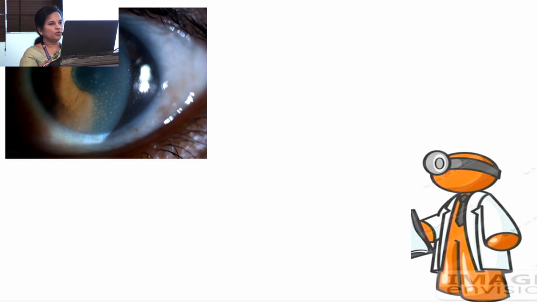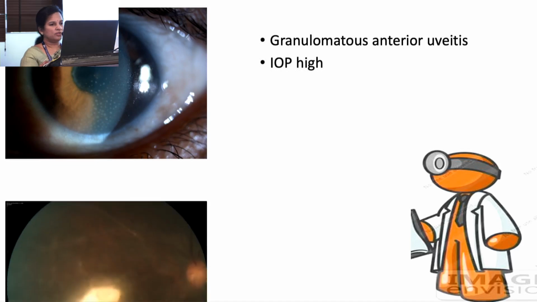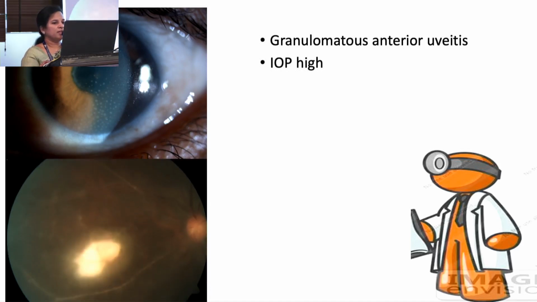Now I'll show you one case of granulomatous anterior uveitis. On examination, IOP was found to be high, so we think about viral etiology. Most likely it will be viral anterior uveitis with high IOP. On seeing the fundus, nasal to the retina, there is a retinitis patch with vasculitis.